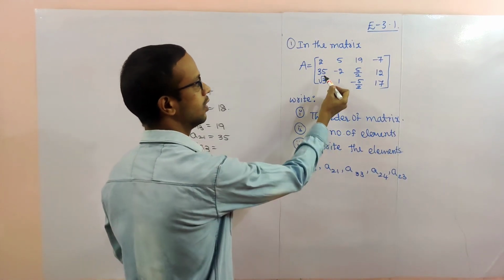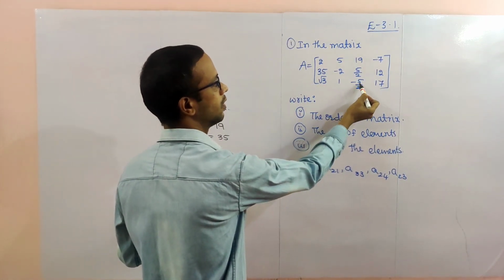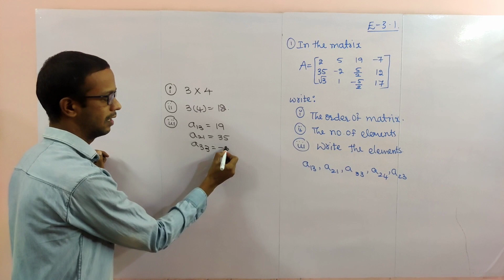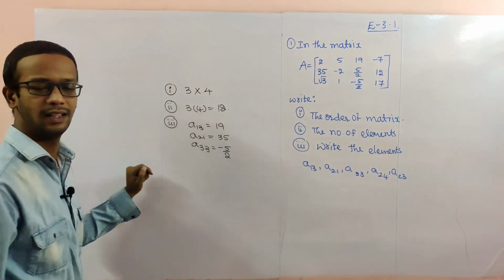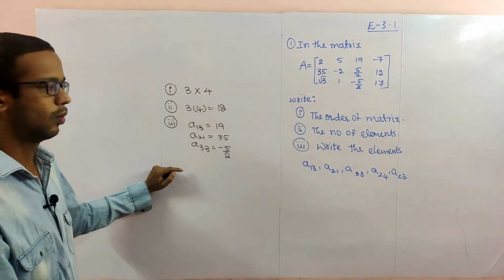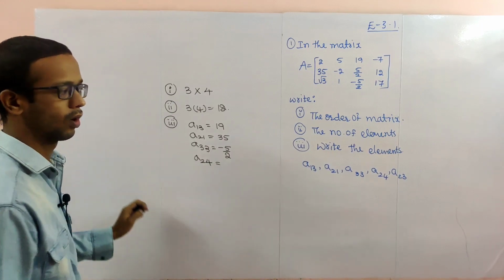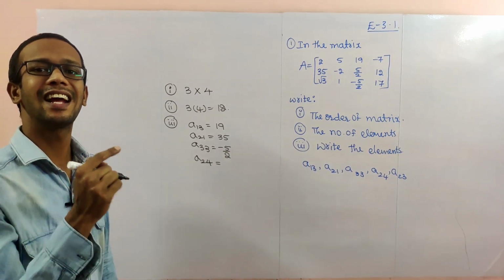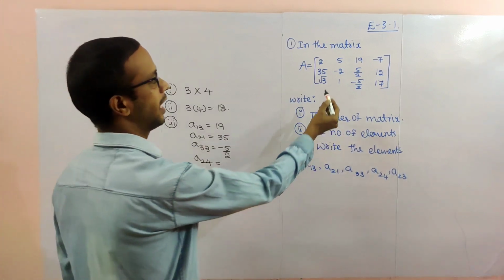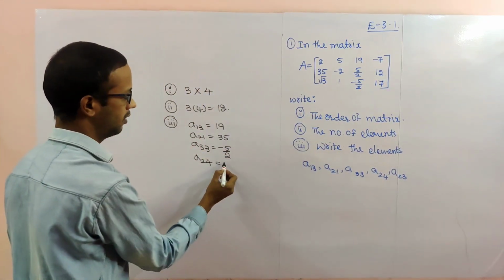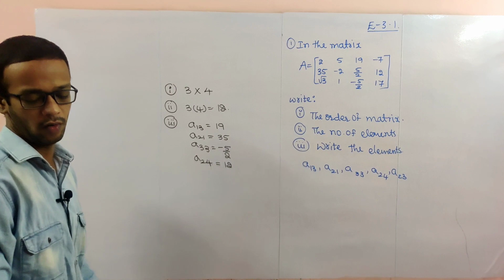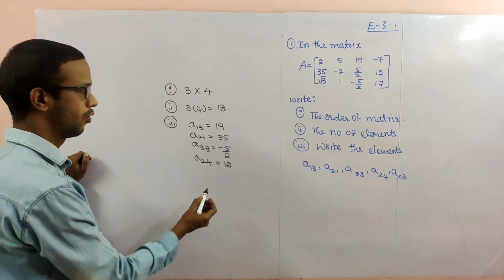A33 is the third row, third column, which is minus 5 by 2. Next, A24. A24 means second row, fourth column. The second row, fourth column is 12.